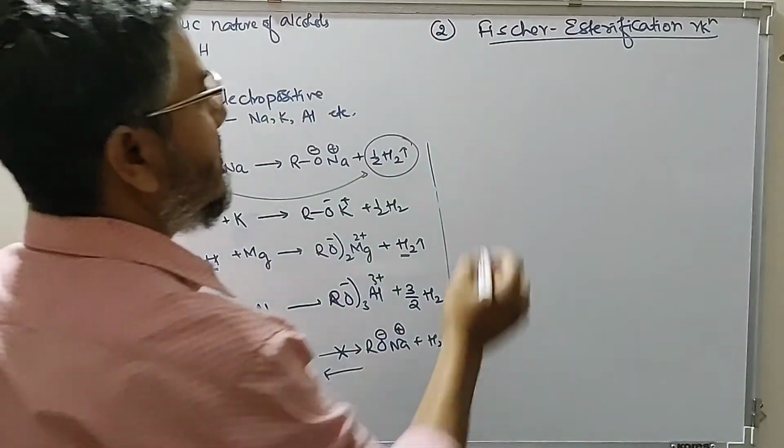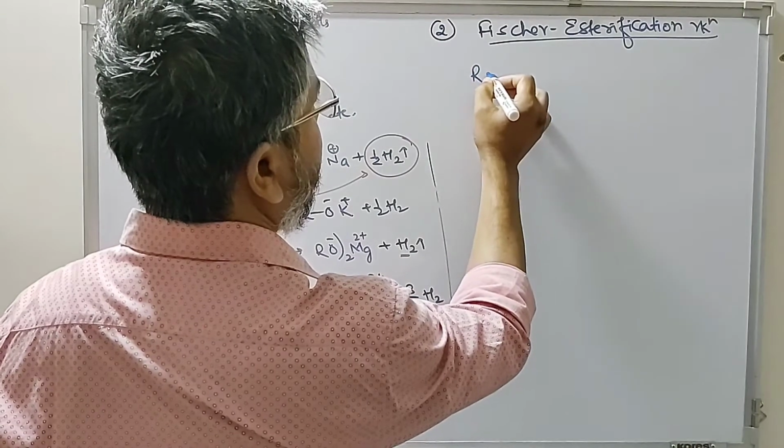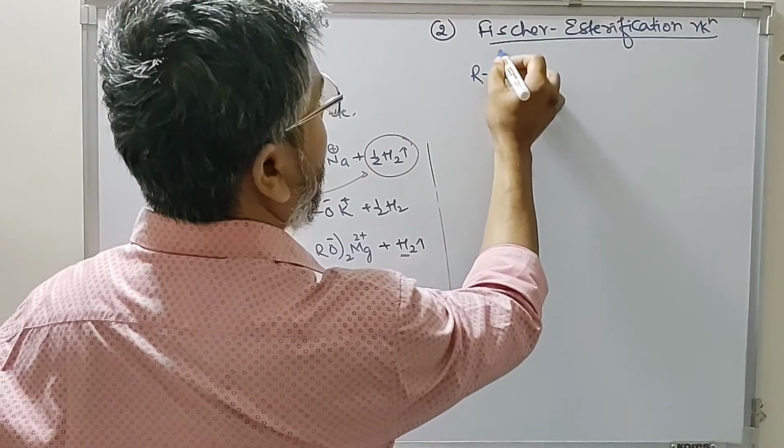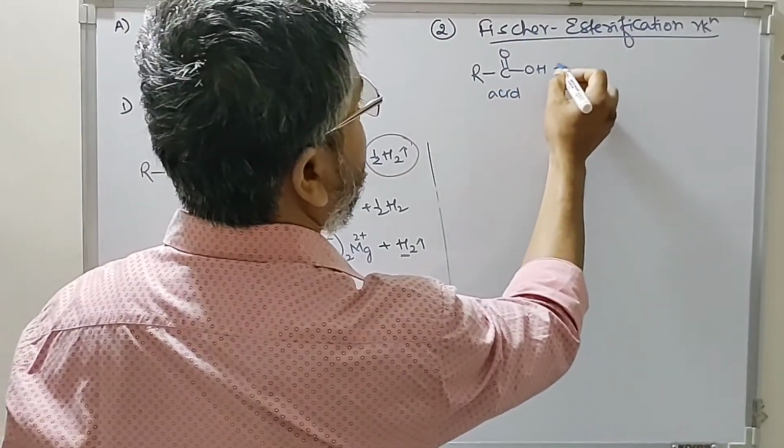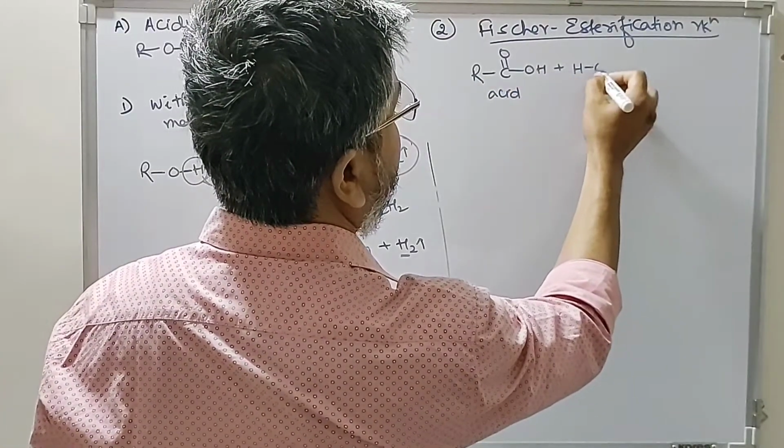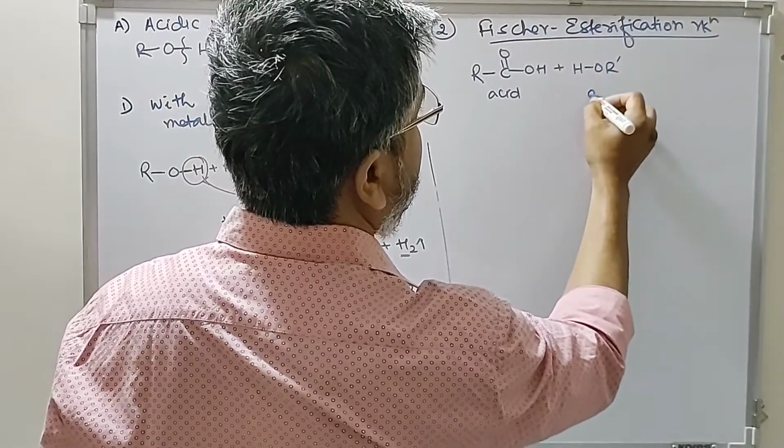So generally this reaction is given as, we have this RC double bond OH, that is acid. This reacts with alcohol, this is alcohol.